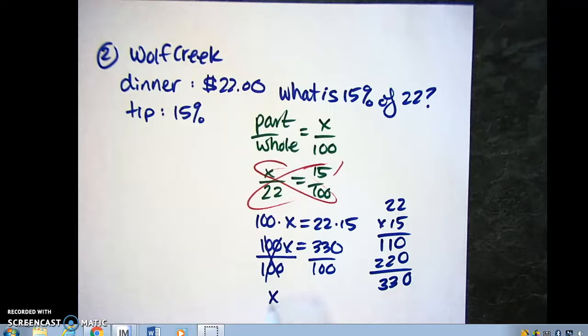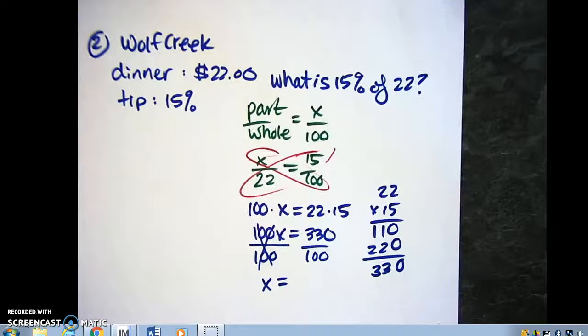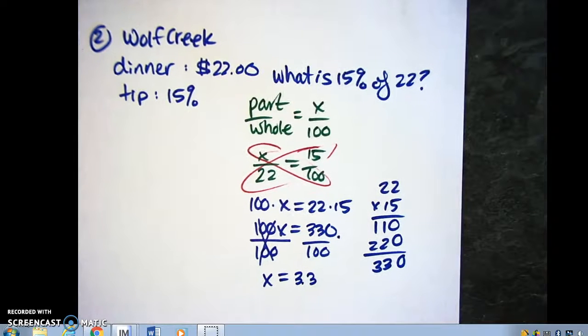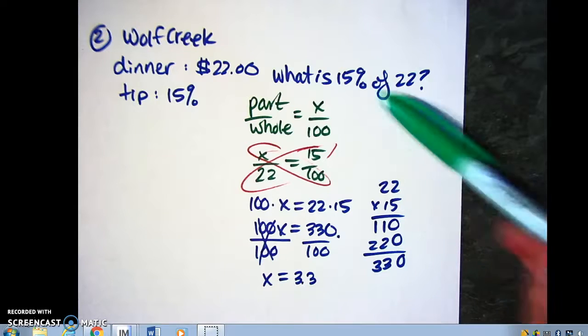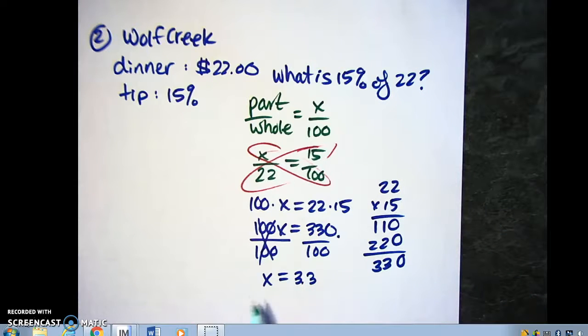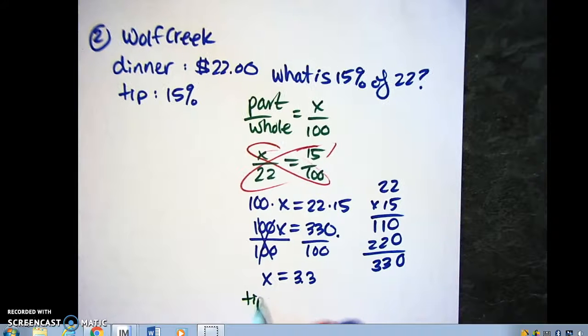So I've got x by itself. And we should know some mental math that if we divide by 100, that means this decimal point is moving to the left 2 times. 3.3. Now let's go back to the question and see what we're really answering. 15% of 22 is 3.3. Well, we're talking about money, so this is saying our tip is $3.30.